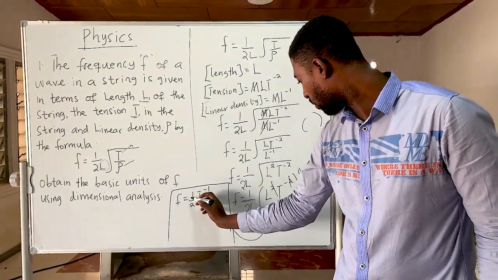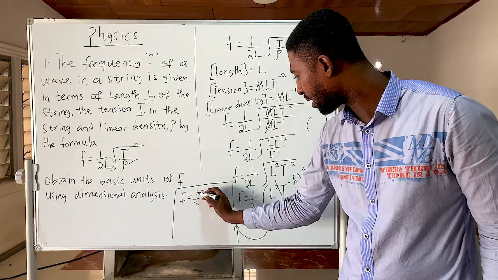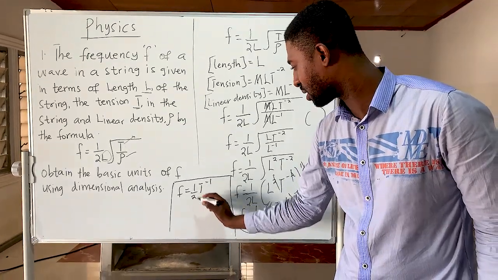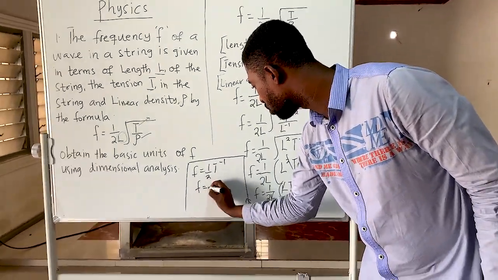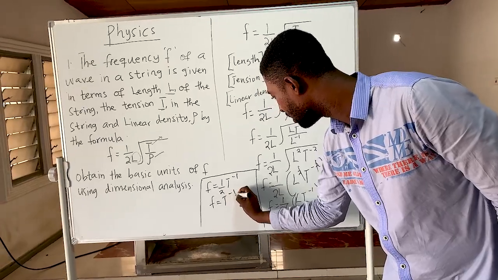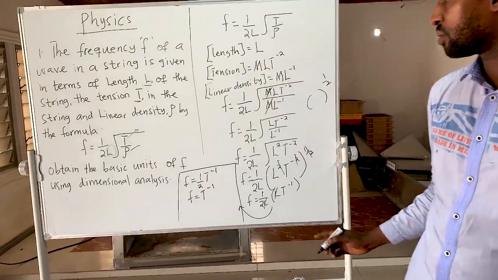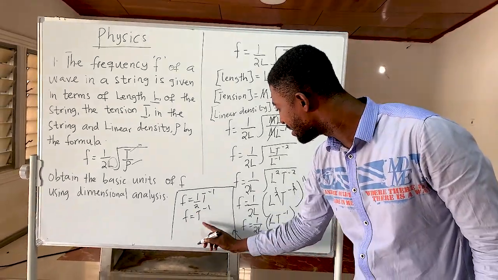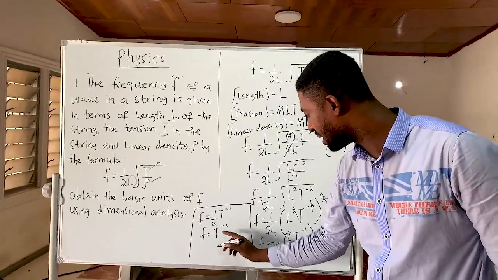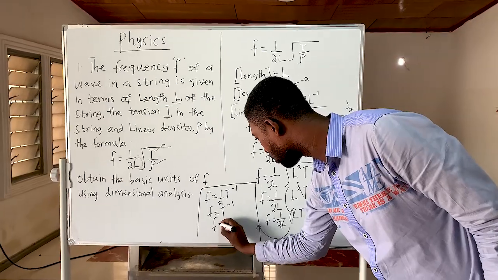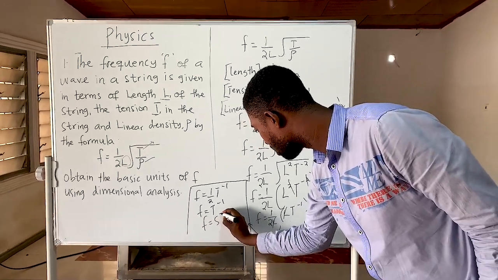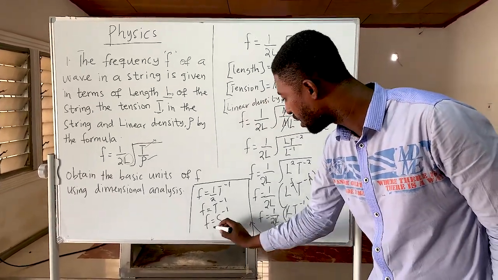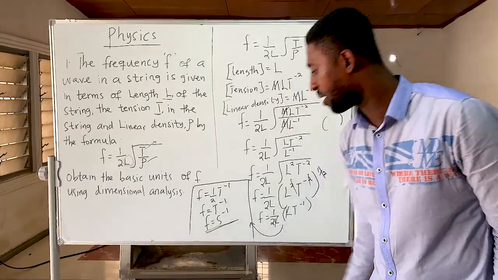Remember, the 1/2 is just a figure and is dimensionally constant, so I can have F to be equal to T raised to the power minus 1. So here, obtain the basic unit of F. So here, this T is time, and time is measured in seconds. So my F will be equal to S raised to the power minus 1. So this becomes the basic unit of F.